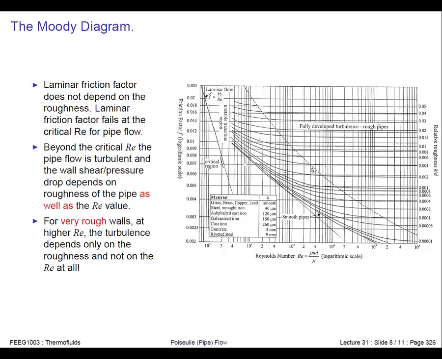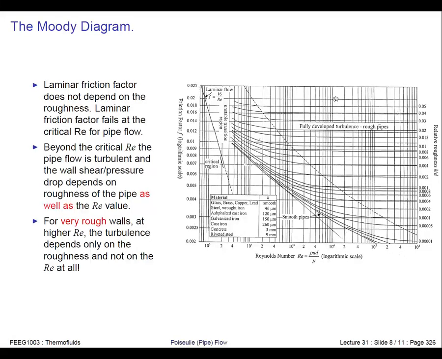If we change the Reynolds number, we see that the Reynolds number affects the wall friction. And let's say we keep a Reynolds number of 10 to the 5 and change the roughness, we go vertically, and again we generate different pressure drops.